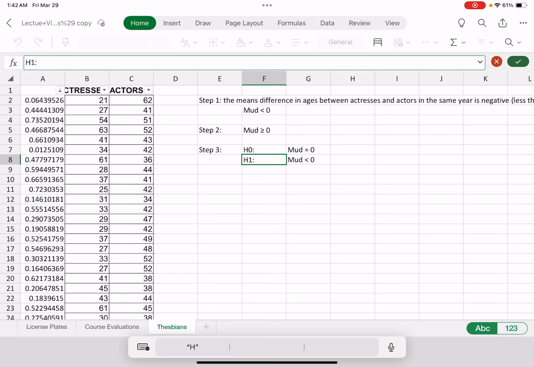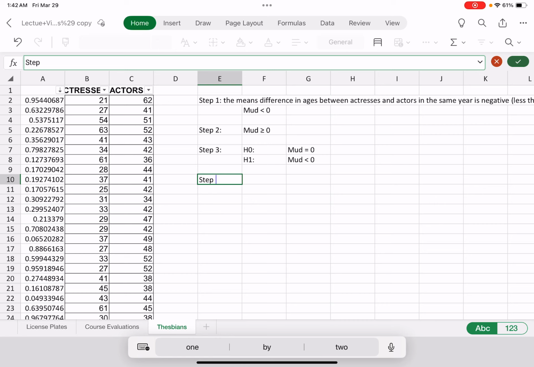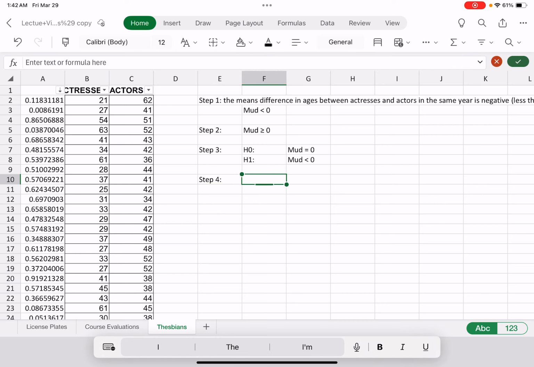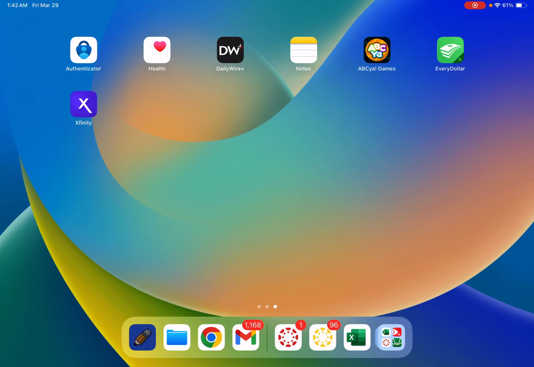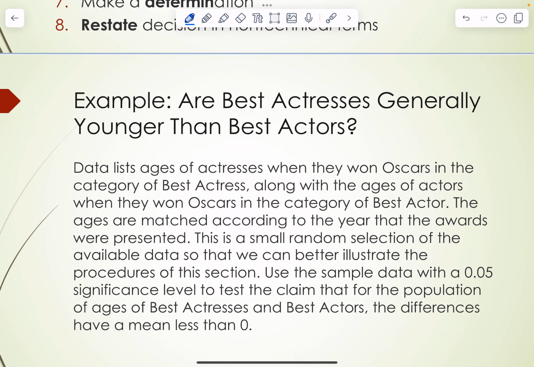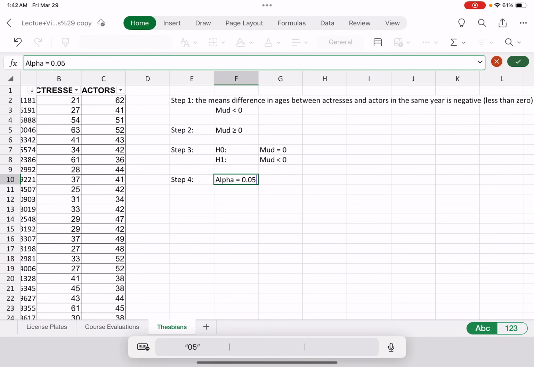The original claim then goes to the alternative hypothesis. Okay, step 4. I believe they said alpha equals 0.05. Let me just check. Yeah, 0.05. All right.